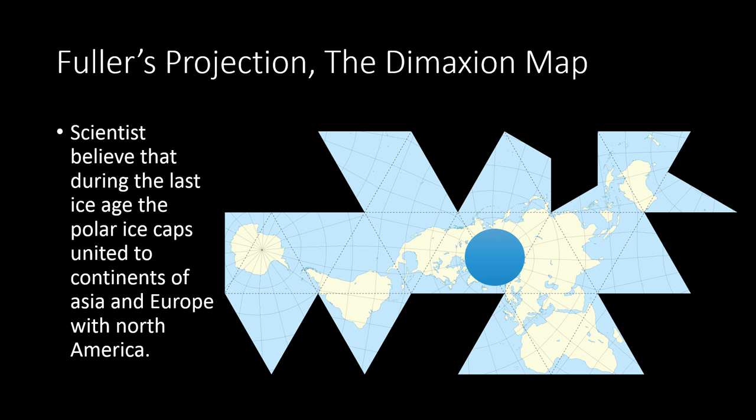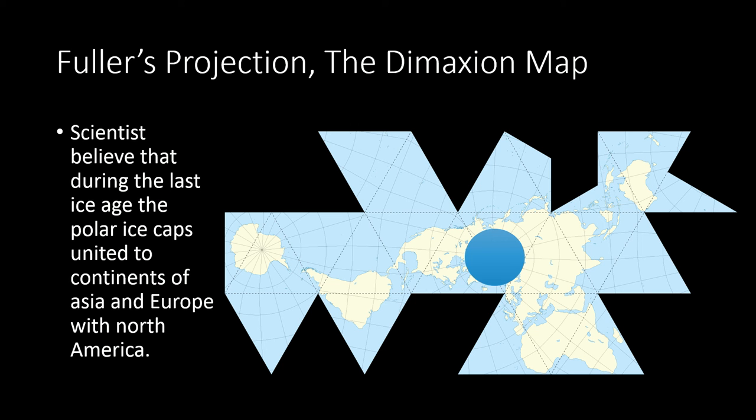Okay, and you can see that all of a sudden Europe, Asia, and North America are all pretty much tied together by an ice cap. And from North America, you can walk through Central America to South America, and there are some very short distances between Africa and Asia, and there's a whole series of islands that go down to Australia.